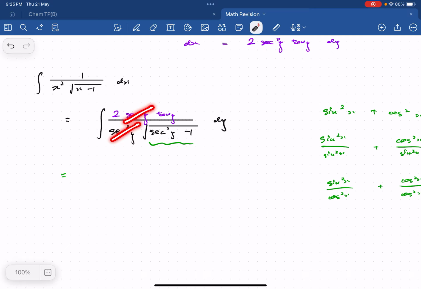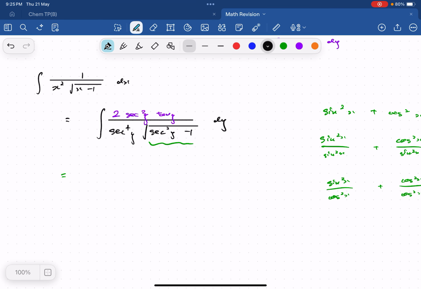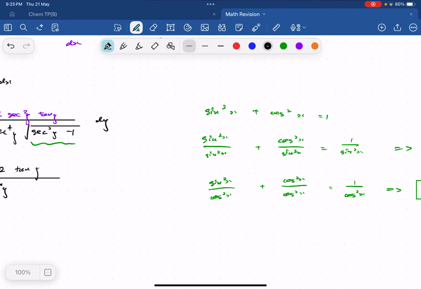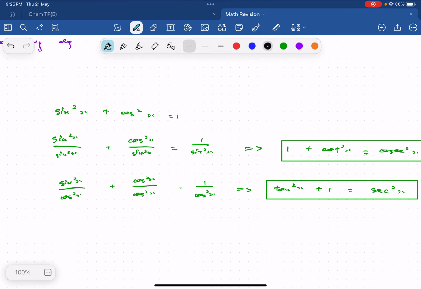this one and this one can actually cancel. Okay? So this is actually going to simplify to simply 2 tangent y, and then on the bottom I still have secant squared y, but as you can see, secant squared y minus 1 is just tangent squared y.